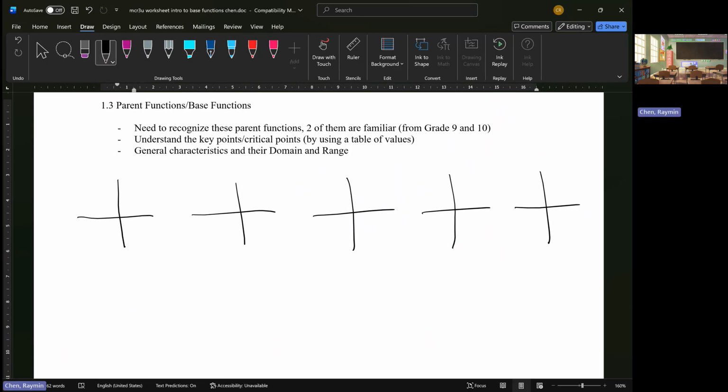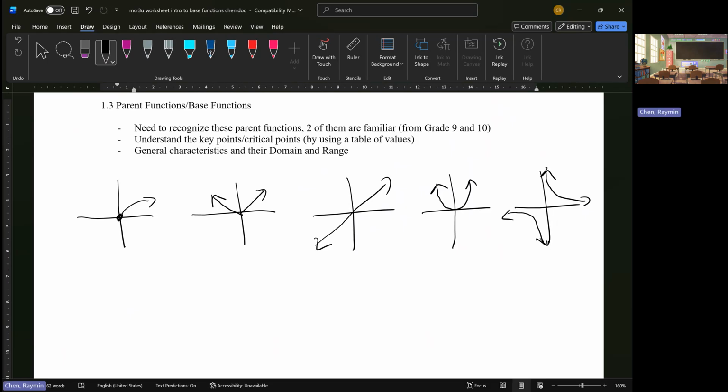So if you just give me a moment, I'm going to draw them. Obviously, I didn't have this prepared already. The main thing is, can you recognize what these functions are? And we would like you to. And I should have used a different color.